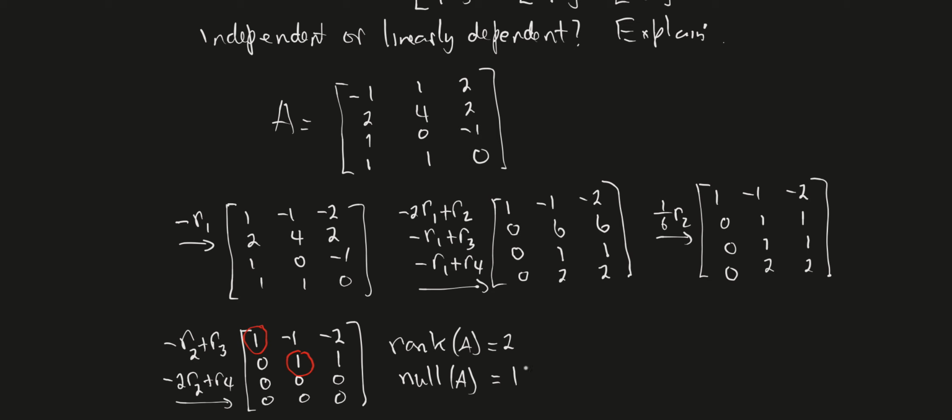And because of that degree of freedom, the homogeneous system would have to have infinitely many solutions, right? So because the nullity of our matrix is greater than or equal to 1, this implies that my original vectors are linearly dependent.